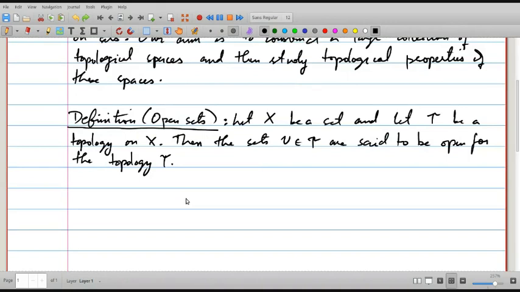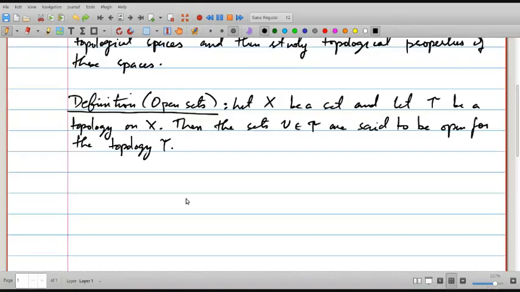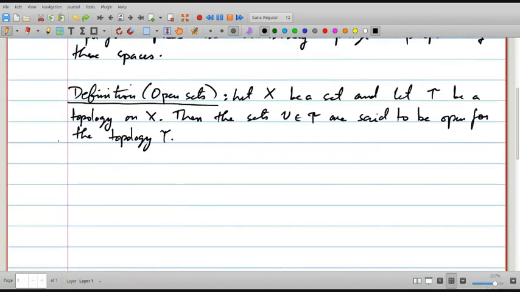So next, we want to define what is a basis for a topology.